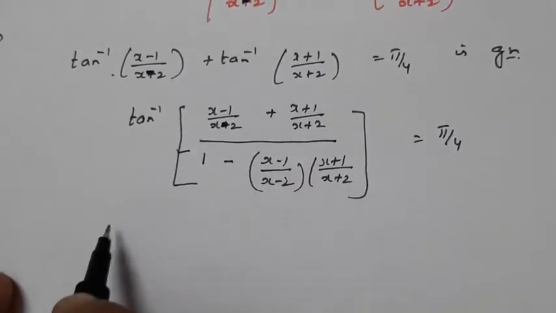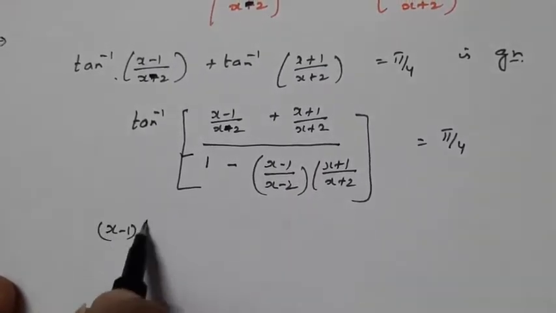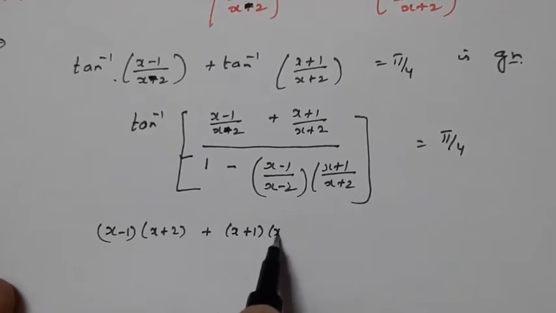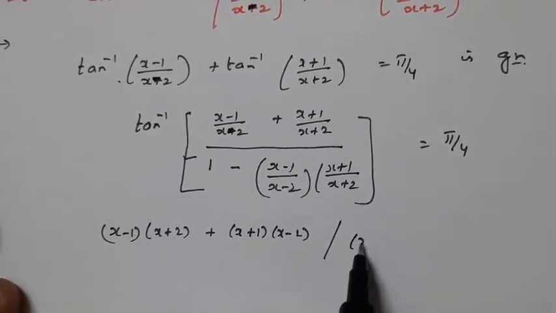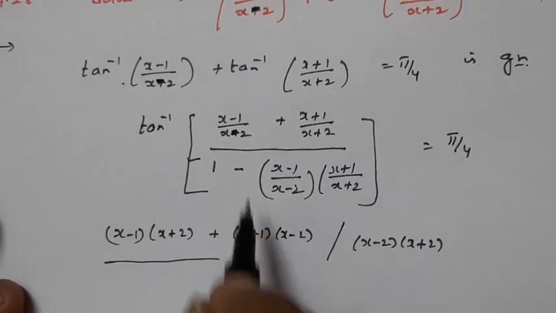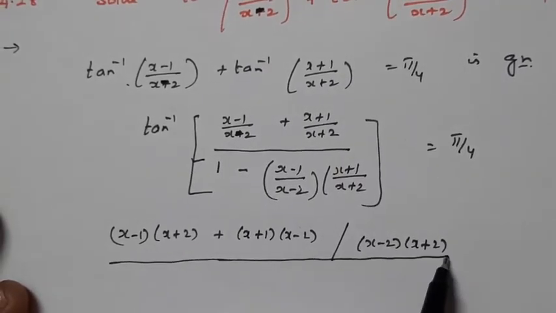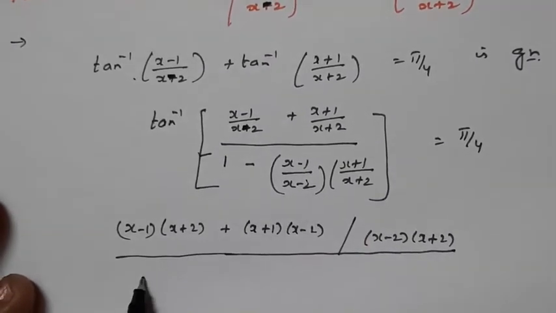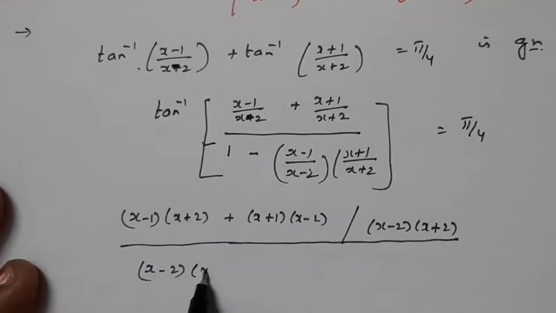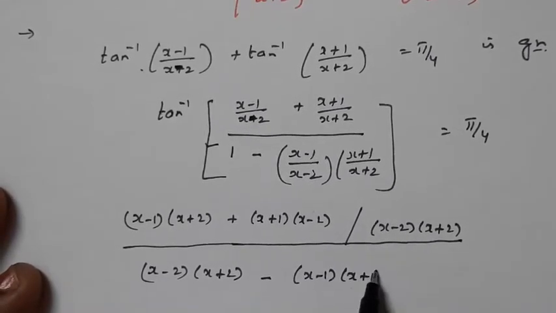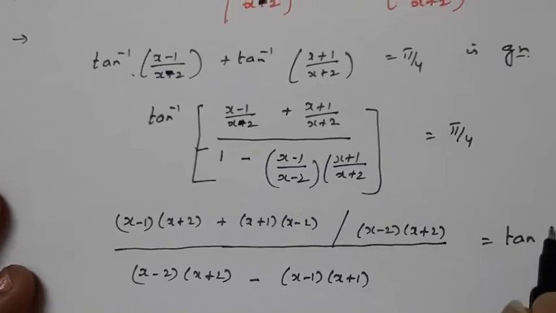So, the numerator simplifies to x minus 1 into x plus 2 plus x plus 1 into x minus 2, divided by x minus 2 into x plus 2. Then again x minus 2 into x plus 2 is to be multiplied with 1. So, x minus 2 into x plus 2 minus x minus 1 into x plus 1 is equal to tan pi by 4.